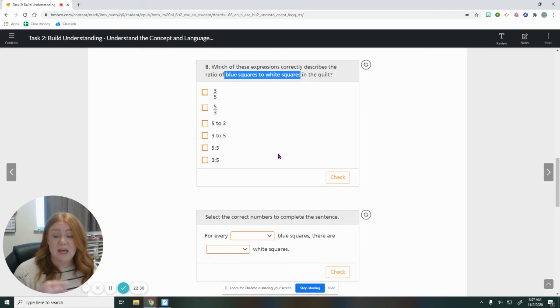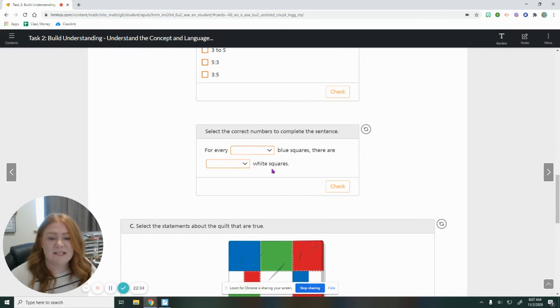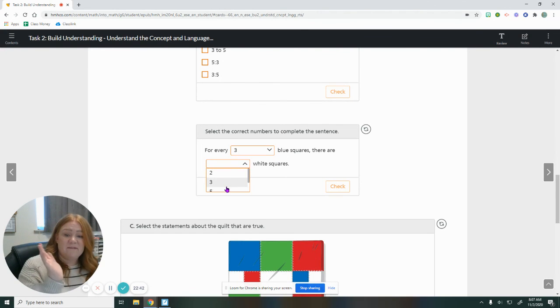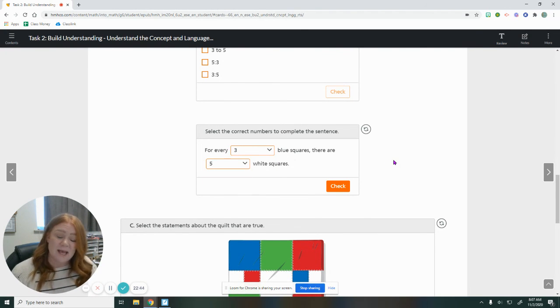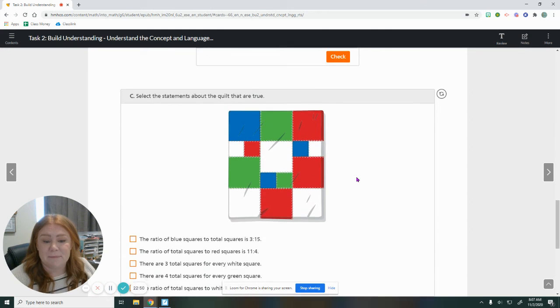So you should be picking the 3 correct statements there. Every time we have a blue square, how many white squares? For every 3 blue squares, there are 5 white squares. And we can't simplify that anymore because 3 and 5 are already simplified.